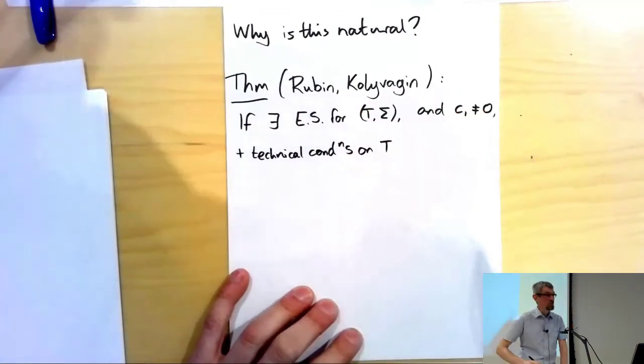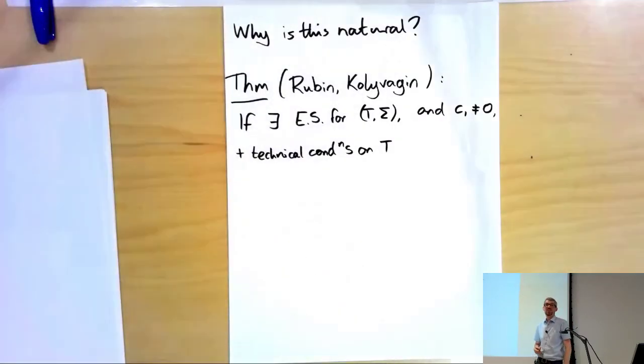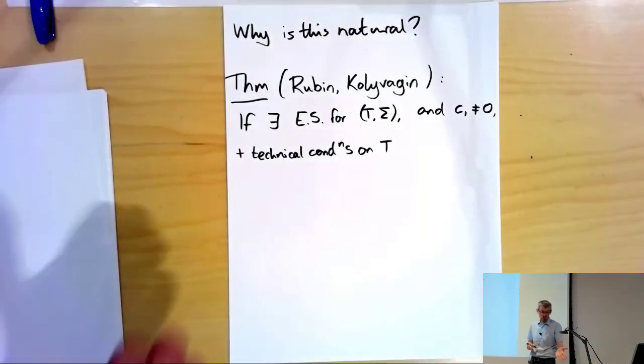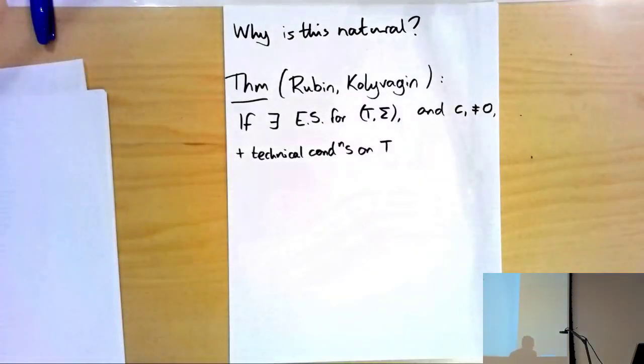My technical conditions are going to be strong enough to force the cohomology to be torsion-free. So the technical conditions are that the image of Galois in the automorphism group of T be really large. And that in particular forces the cohomology to be torsion-free.